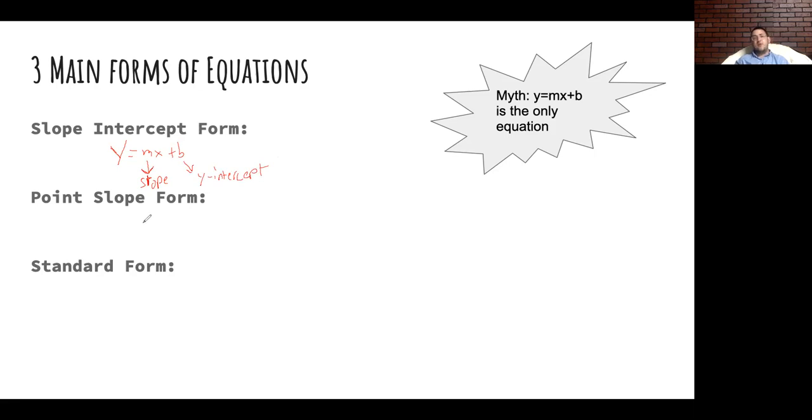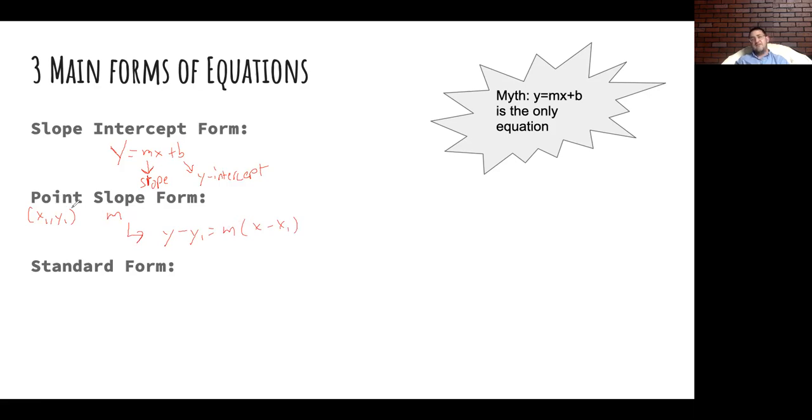All right, point slope form. This is a very underrated equation format. And if you are given a point, like (x1, y1), and a slope, you can have y minus y1 equals m times x minus x1.